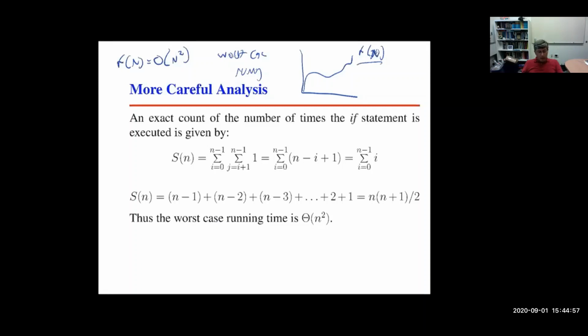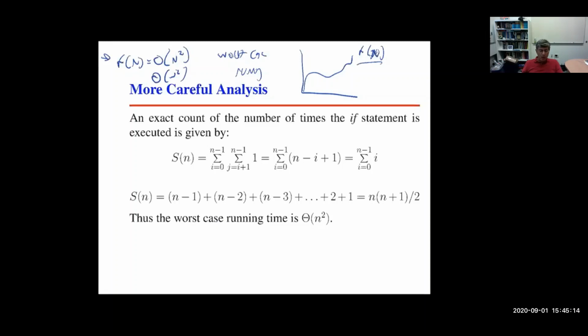But if I tell you that it's theta of n squared, it means the worst case running time of this algorithm is n squared. And that means I can show you an example where your algorithm is as bad as n squared.